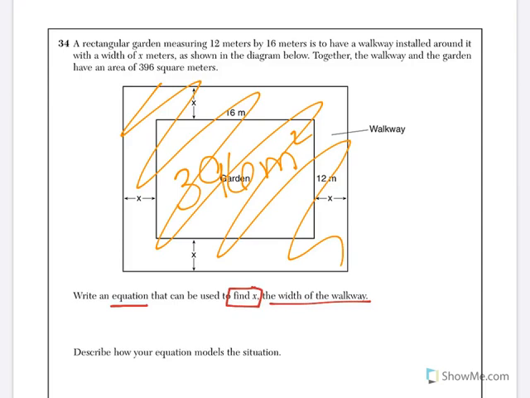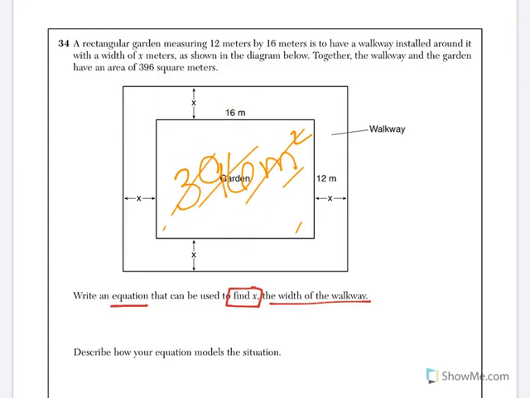So we don't need a let statement because they already defined what x is. It's the width of the walkway. And if you look at your picture, you can see that x is shown to be the width of the walkway all the way around. So we have to figure out how we can use all this information.